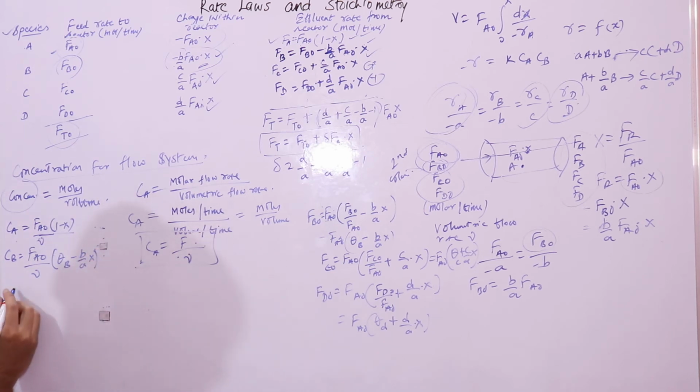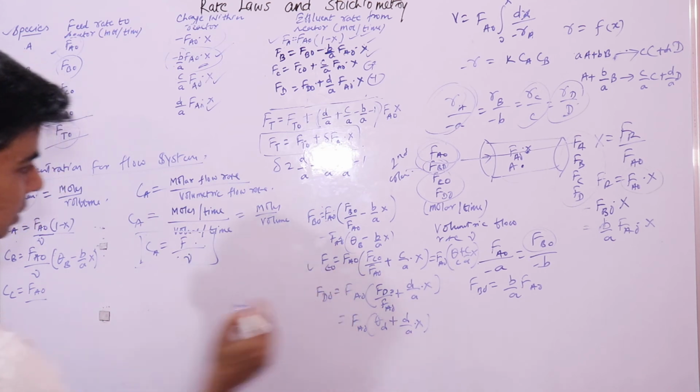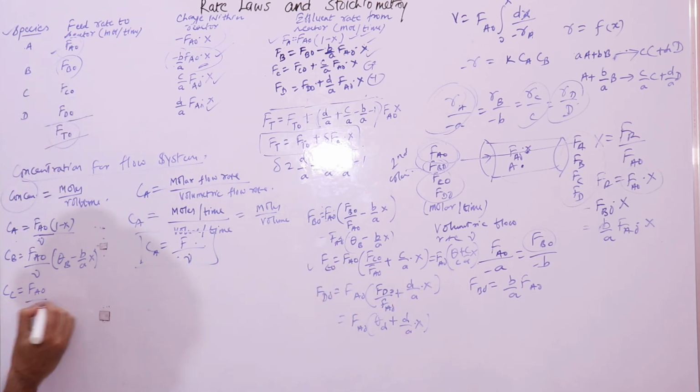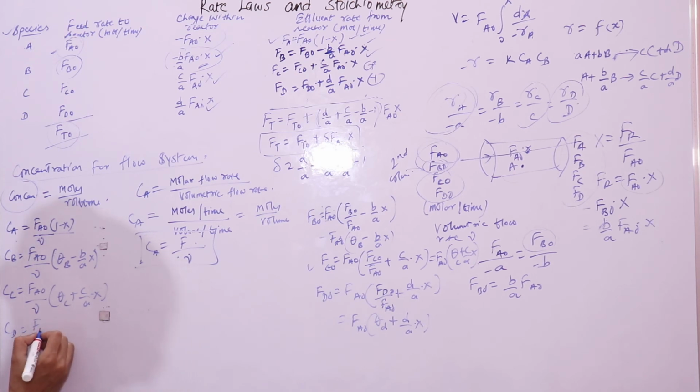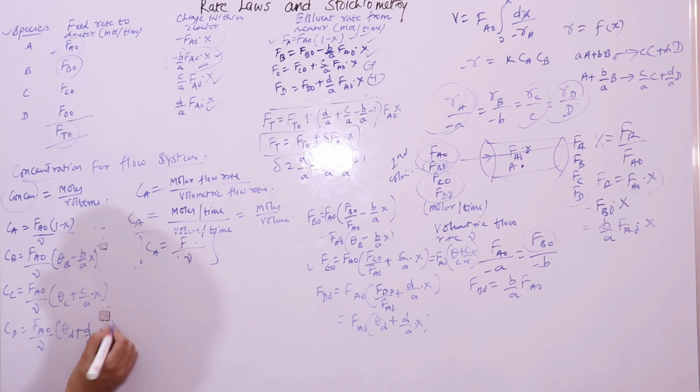And the concentration for C would be FA0 divided by nu, theta C plus C upon A X, and for D, FA0 divided by nu, theta D plus D upon A X, right? Now this is the expression for concentration, right?